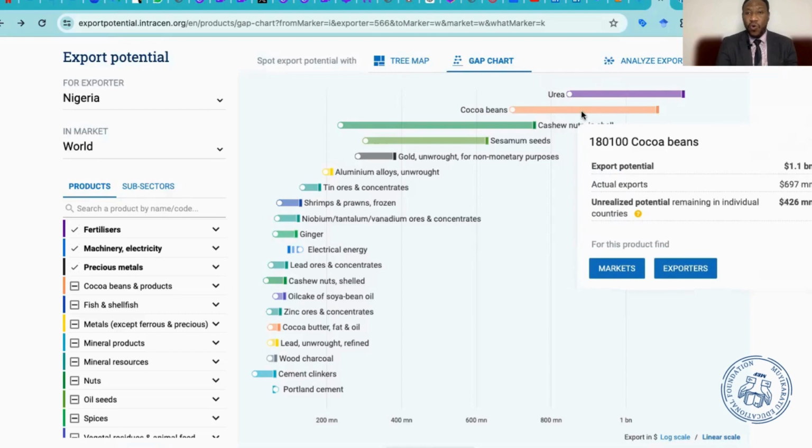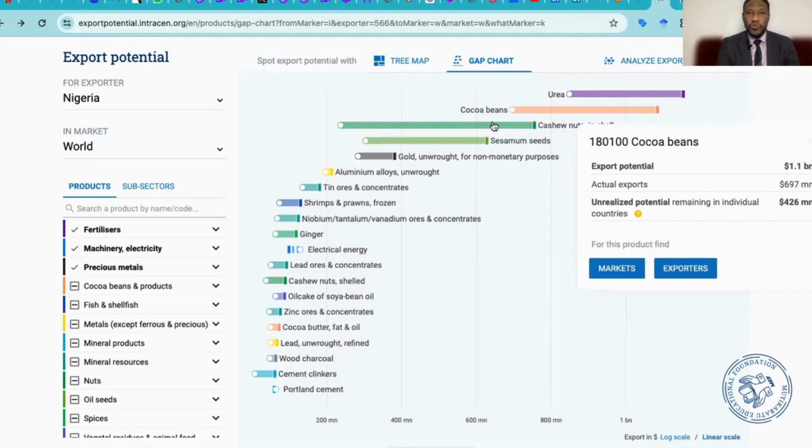And then when you take cocoa, also, we have $1.1 billion potential of cocoa. So we are exporting 697 million, around 700 million. We're left with 426 million untapped, unrealized potential for the export of cocoa.